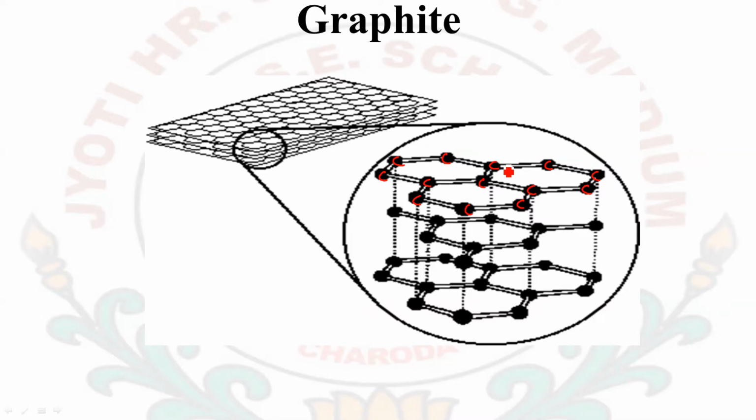Next, these carbon atoms will be attached to another hexagonal layer, and then another layer will be connected downward also. This layering of carbon forms the structure of graphite. Here the hexagonal structure will be seen.